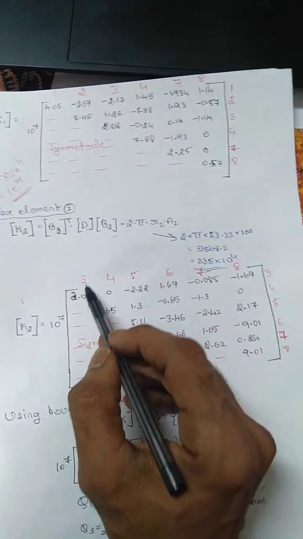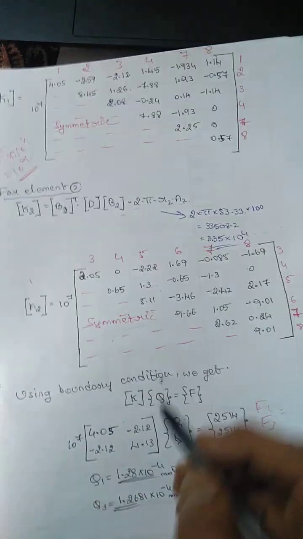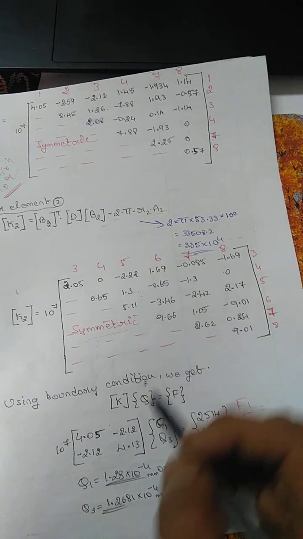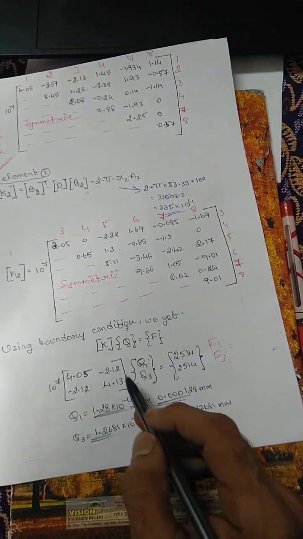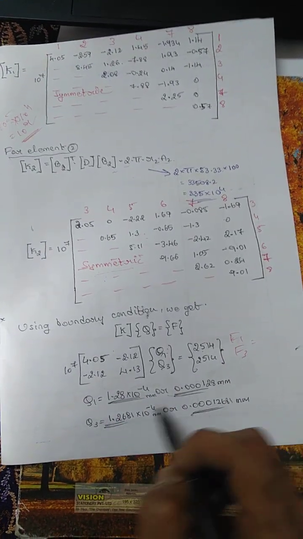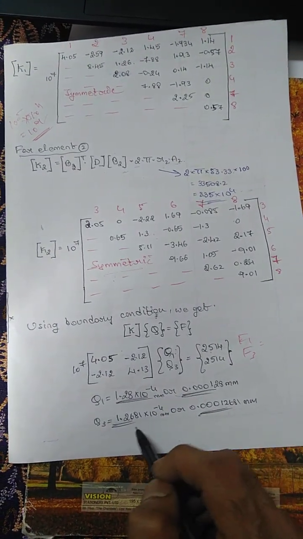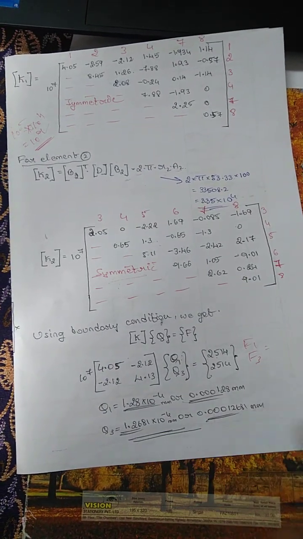Here there is 1 3 3, so you have to add this value, you'll get these values, and since it is symmetric, you get the same. After this, using the calculator, solve for the Q1 and Q3 values, and these are the two displacement values, Q1 and Q3. Thank you.